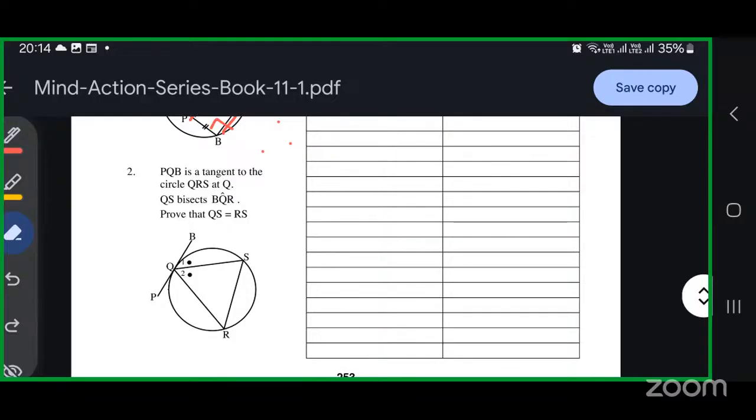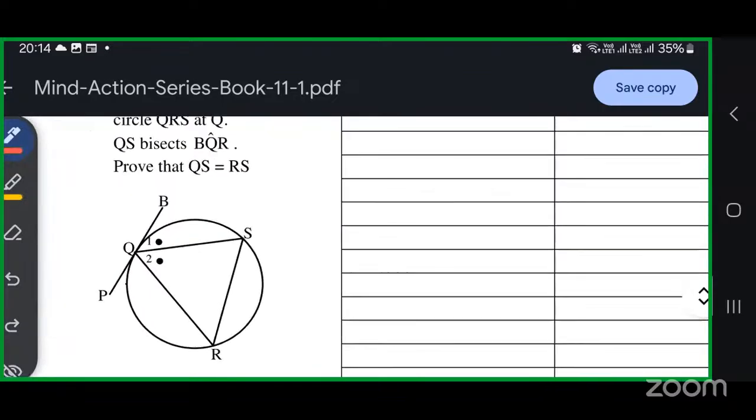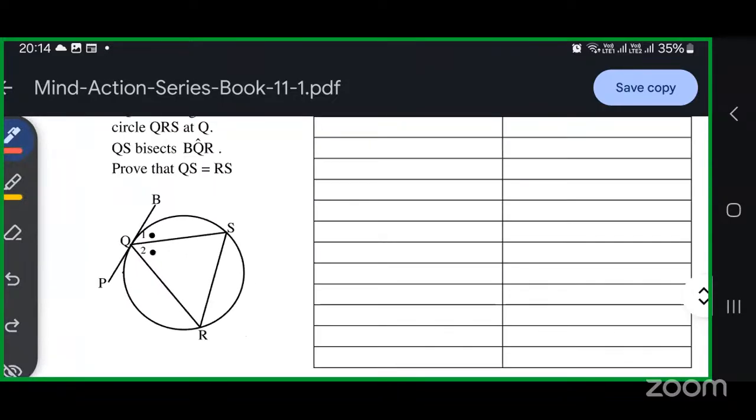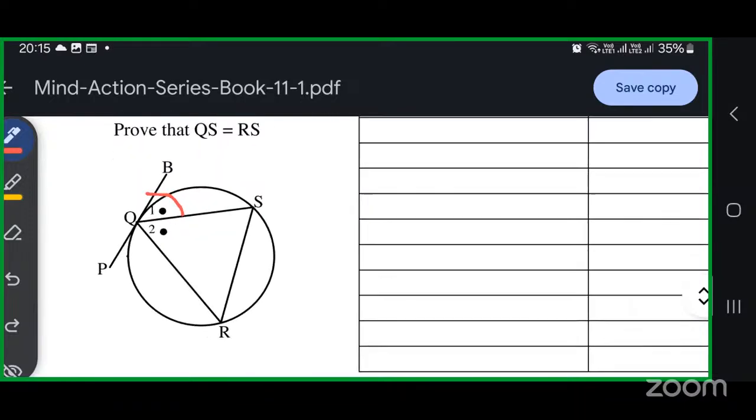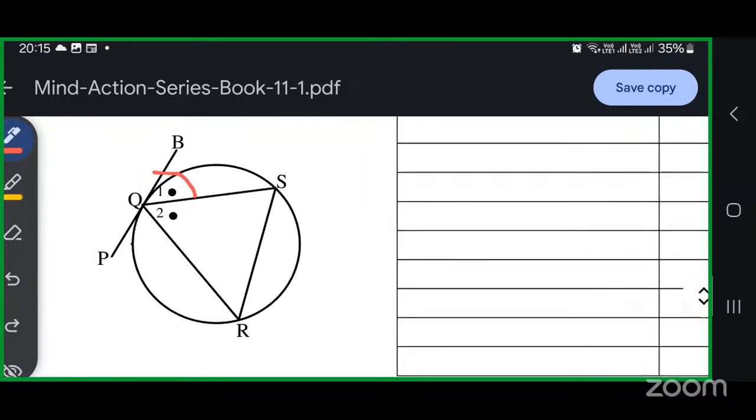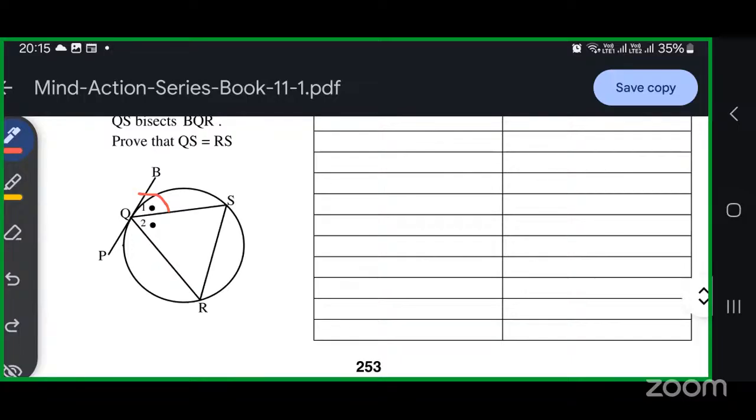I think Q1 is equal to B. Okay, let me do this. You are saying this angle is equal to this angle at the other end. Oh, it's R. Yes.